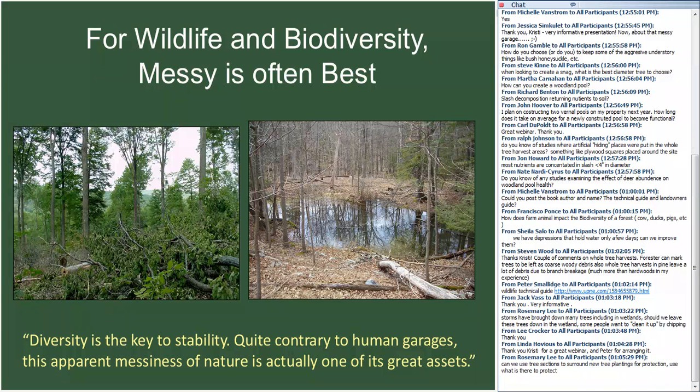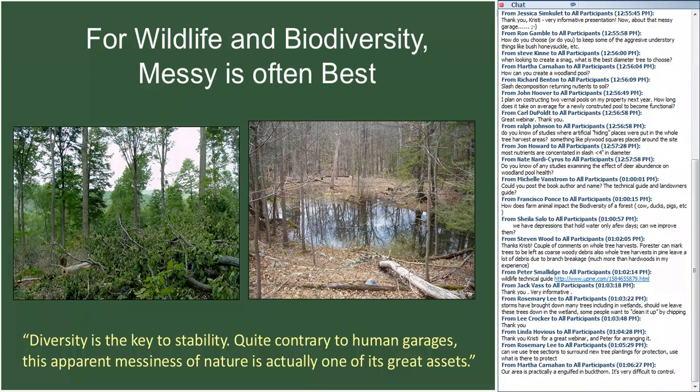Okay. Let's see, we have a question. How do farm animals impact the biodiversity of forest? I'm not exactly sure what context you mean, Francisco, but I could imagine, for example, Pete's been involved in some projects looking at animals and silvopasturing, it's called, where you actually do put animals into the forest, and certainly goats have been used for invasive species control, to browse invasive shrub species growing in the understory of a forest as kind of a restoration technique, and that sometimes can be very beneficial.